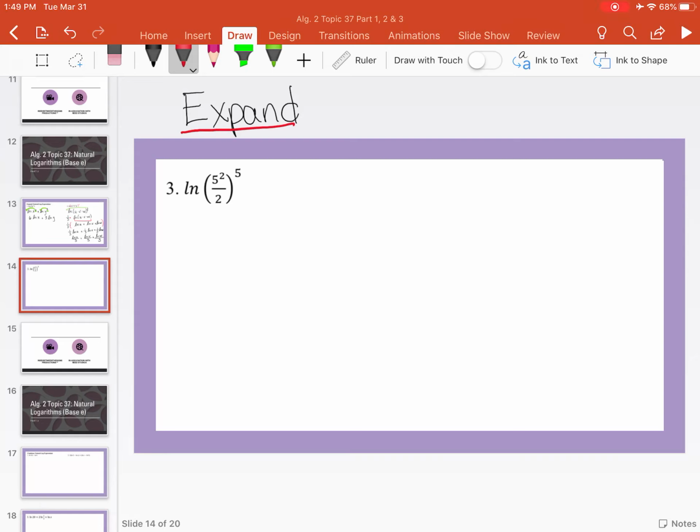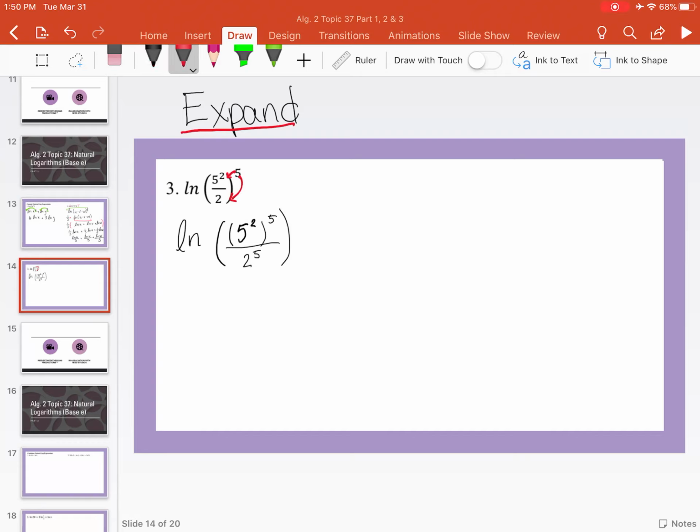So in order to expand, what I'm going to do is I'm going to take this power and distribute it to both the numerator and the denominator. So thinking back to my properties of exponents and ignoring this ln right here, I would get ln of 5 squared to the 5th power over 2 to the 5th power.